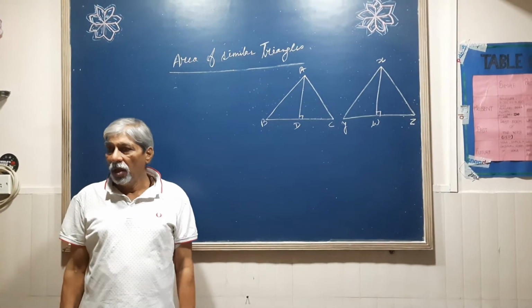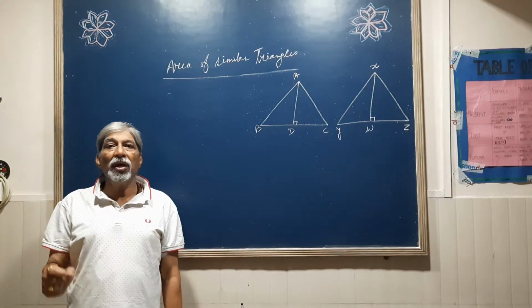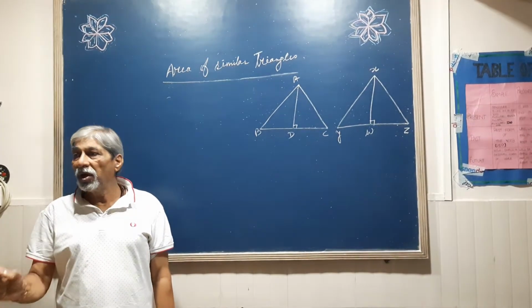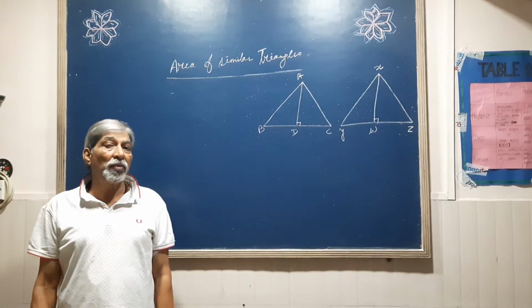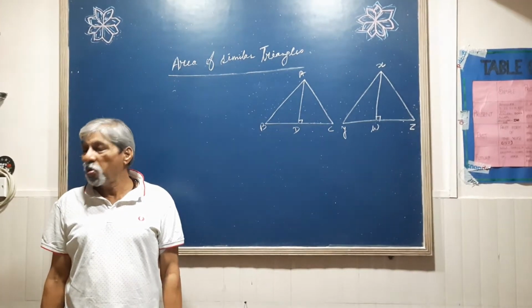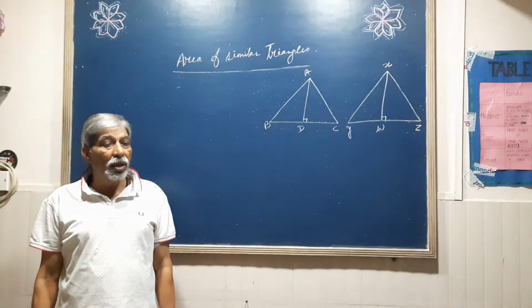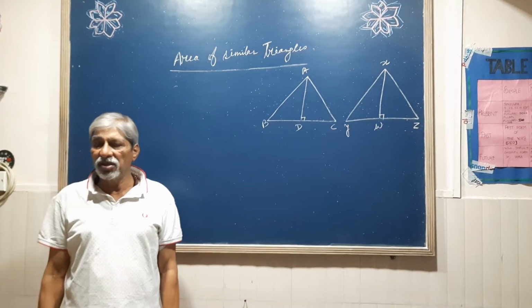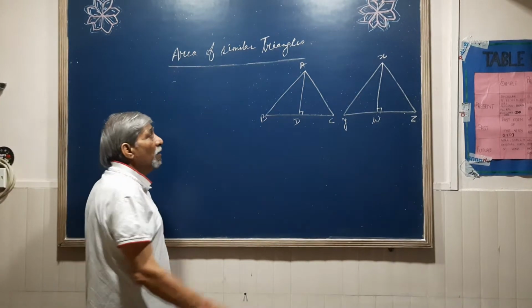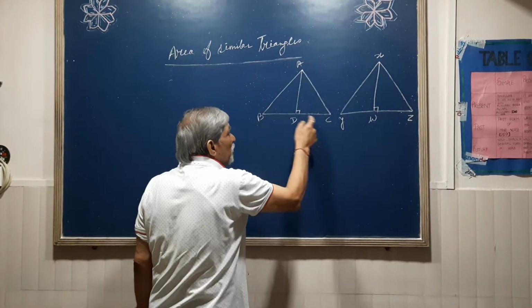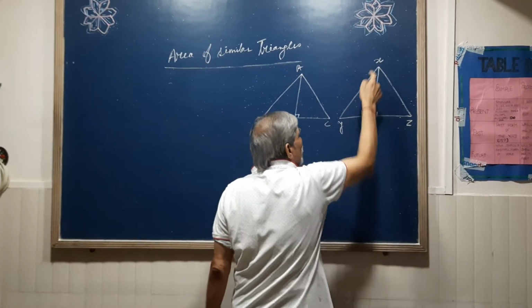Repeat. The ratio of the areas of two similar triangles is equal to the ratio of the squares of their corresponding sides. That is, suppose you take triangles ABC and XYZ.